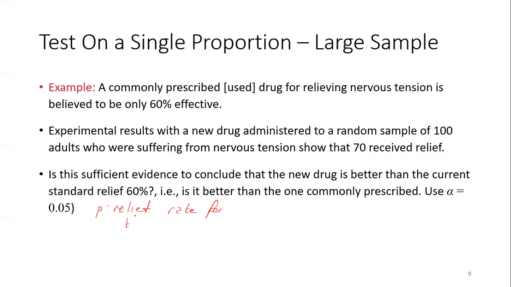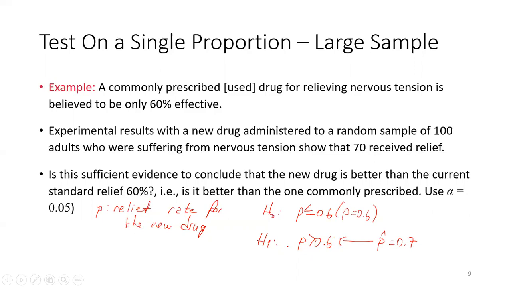I want to test whether it is smaller than 0.6 versus greater than 0.6. Remember, this is equivalent to testing P equal to 0.6 versus P greater than 0.6. My evidence, p hat equal to 0.7, supports the alternative hypothesis as we expected, but I want to test whether this is sufficient.